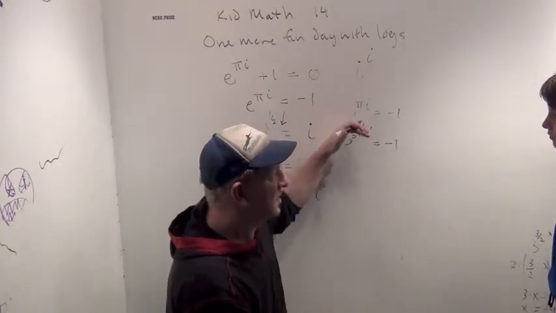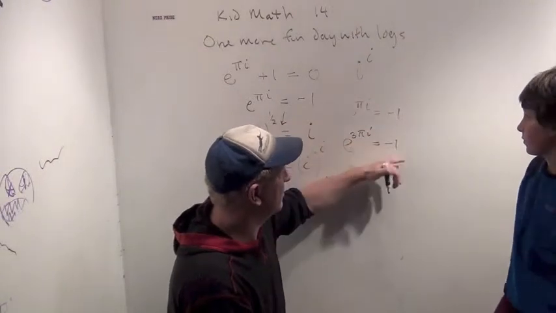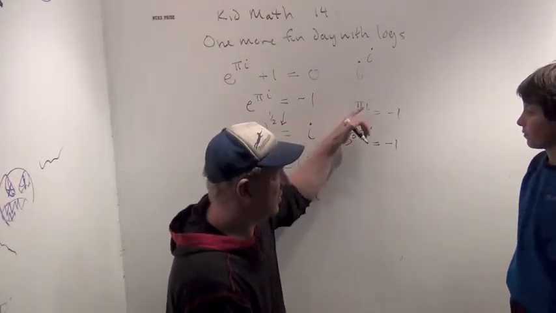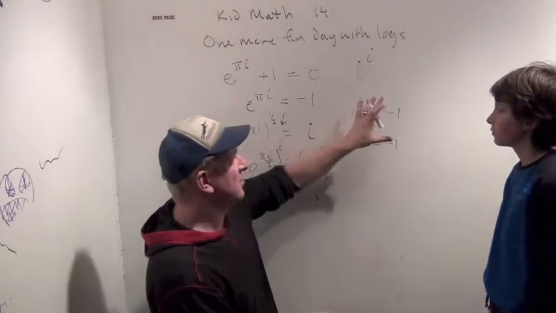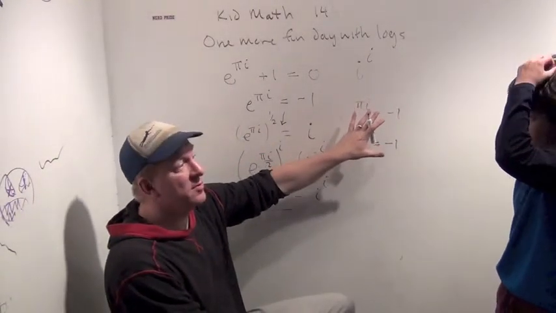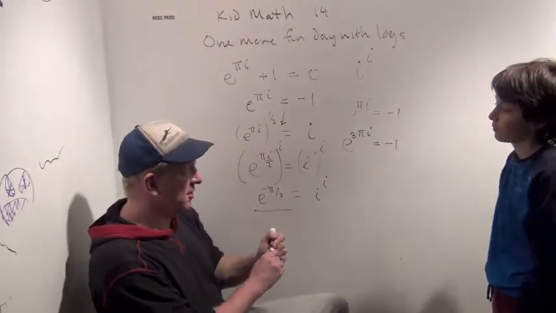So something strange is happening here, because these are two different numbers that e to the power produces the same thing. So something else is weird behind the scenes, but I don't want to focus on that too much, especially since my markers aren't working.